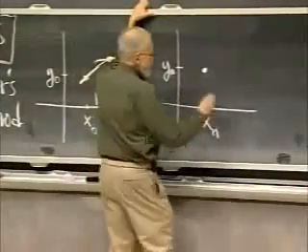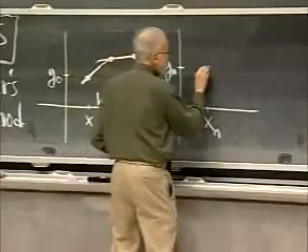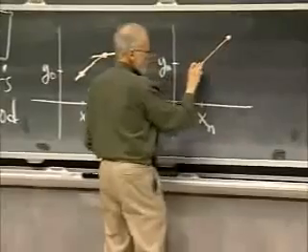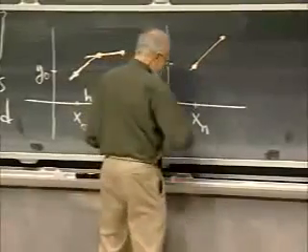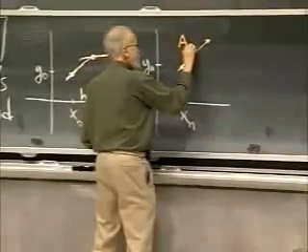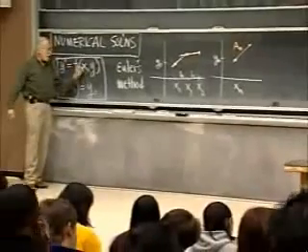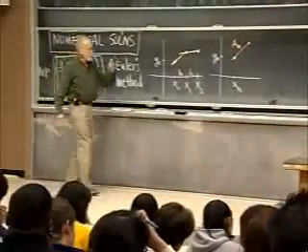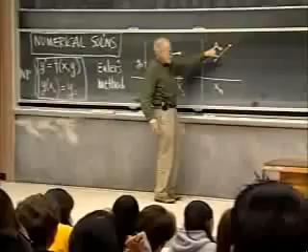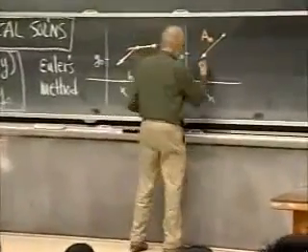How do I take the next step? Well, I take the line element, and it goes up like that, let's say, because the slope is this. I'm going to call that slope a sub n. Of course, a sub n is the value of the right-hand side at the point xn, yn, and we'll need that in the equation. But I think it will be a little clearer if I just give it a capital letter at this point.